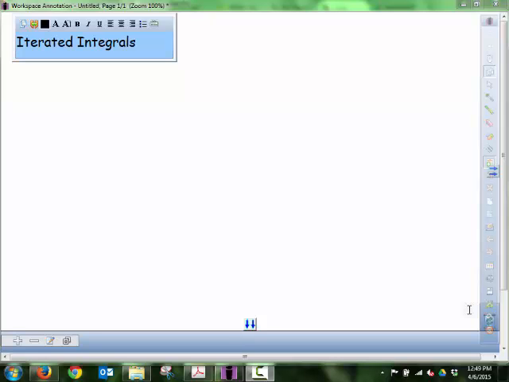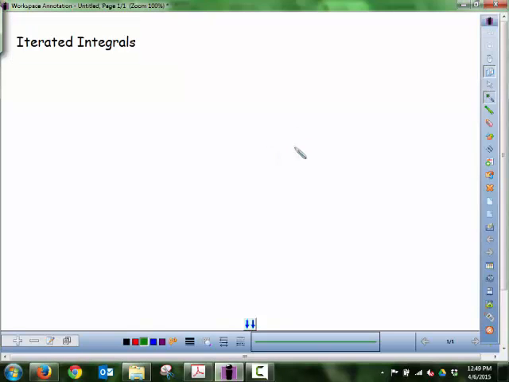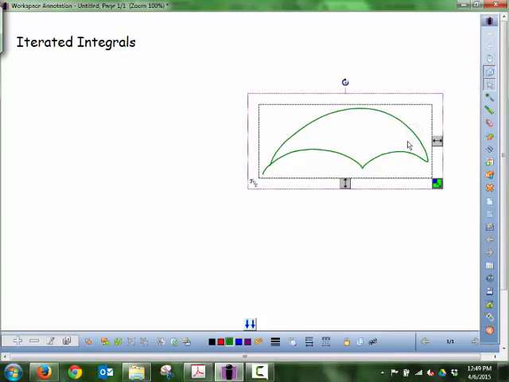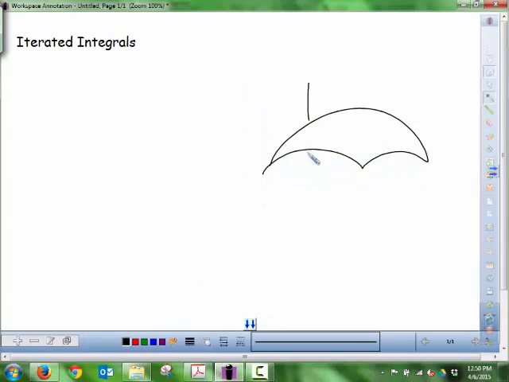So what we'll do is we'll take a look at our special function, and we'll take a look at a square region below our special function, where x goes from a to b, and then y goes from c to d.